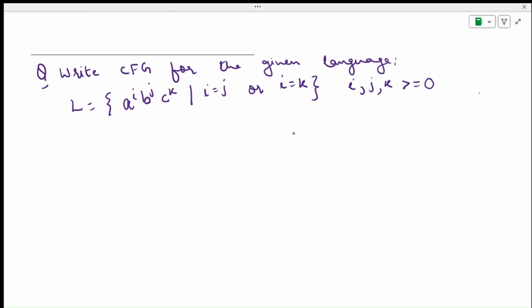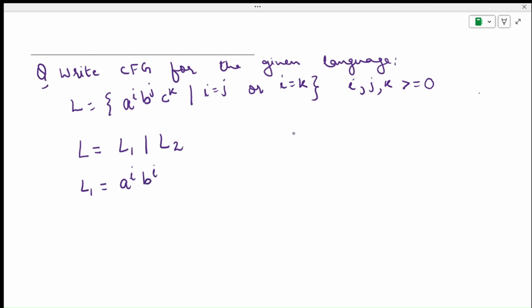See this question. It says that language L is a raised to the power i, b raised to the power j, c raised to the power k, where i is equal to j or i is equal to k. We need to write a context-free grammar for this language, for some i, j and k greater than or equal to 0. So it is clearly mentioned that L is nothing else but L1 or L2, where language L1 is a raised to the power i, b raised to the power i, since in this case i is equal to j.